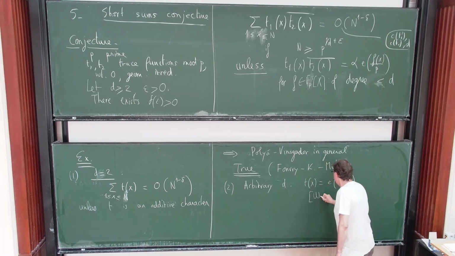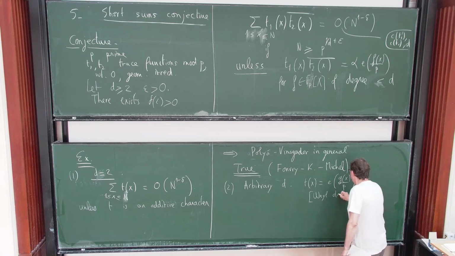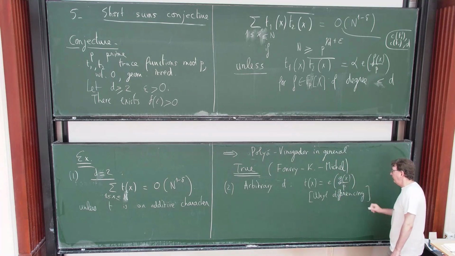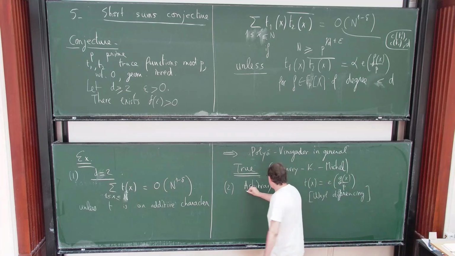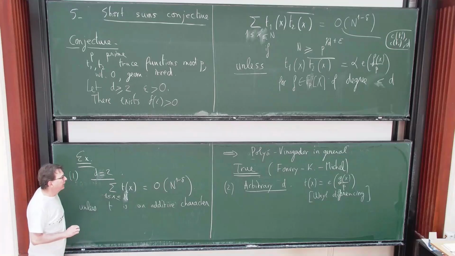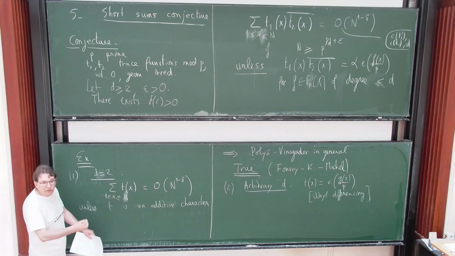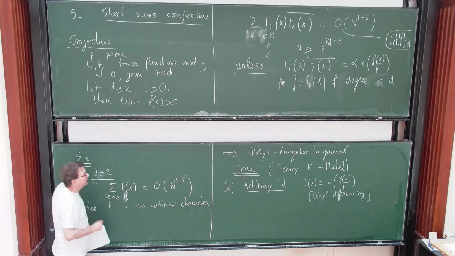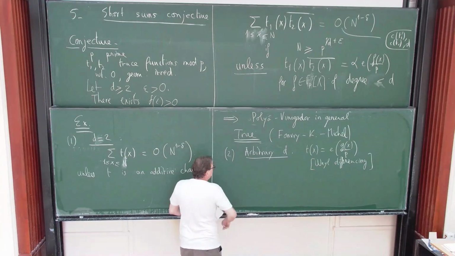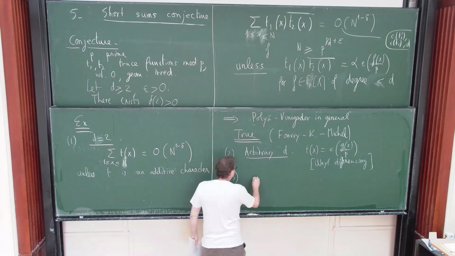This is going to be Weyl differencing or van der Corput or Vinogradov methods of exponential sums. But Weyl differencing is enough, where you get a very, very small gain in very, very short sums, unless there is some obvious reason, which is exactly that one.